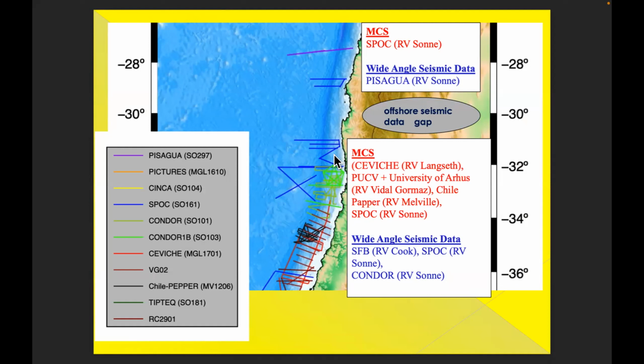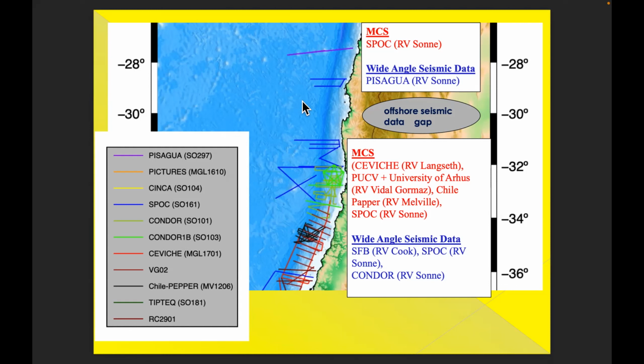Valparaiso has been studied, but please take into account that this seismic refraction data offshore Valparaiso, which is the most populated part of Chile, were acquired in 1995 and 2001. So they are relatively old seismic refraction data, and the density of the stations, the spacing, is very large. So it's something that we can consider for mapping or revisiting some lines.